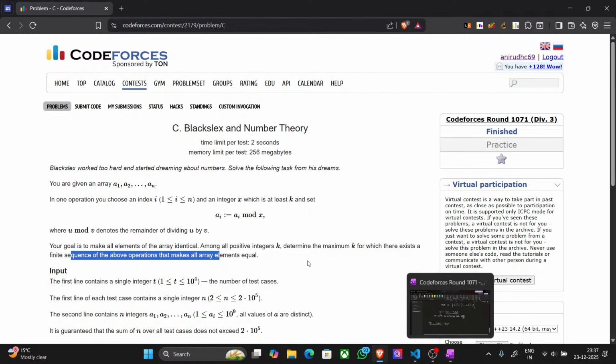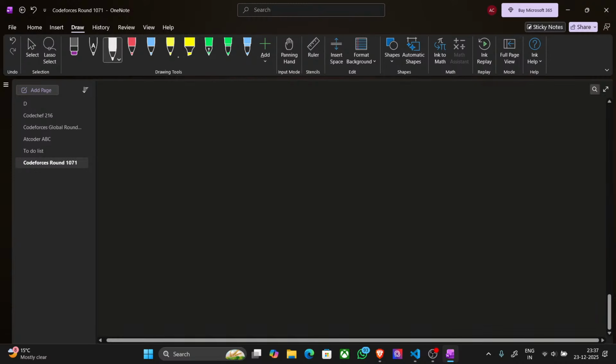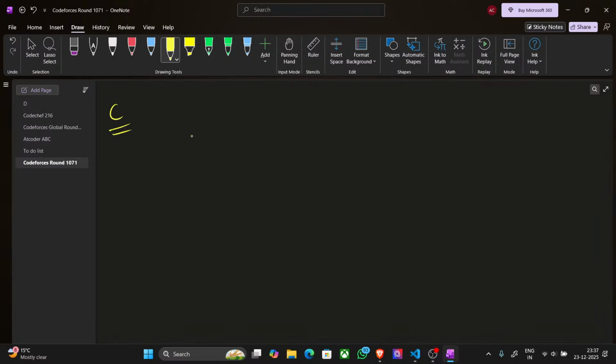So let's reread it and I will explain what this problem means. The statement is telling you that you are given an array and you have to choose the maximum value of k, such that you will choose some value x which is at least k. So x is greater than or equal to k, and you can choose any x for any of these elements. So the x is not constant.